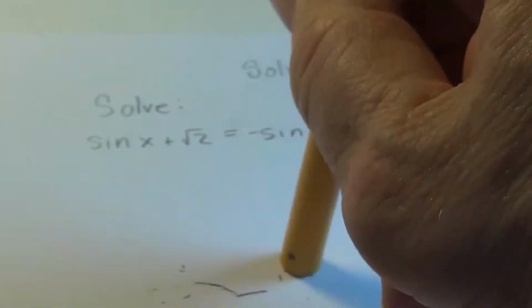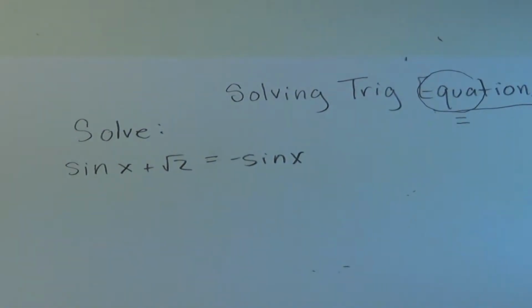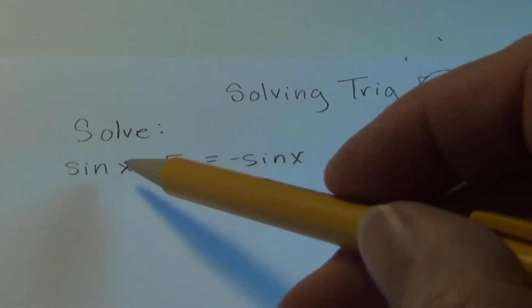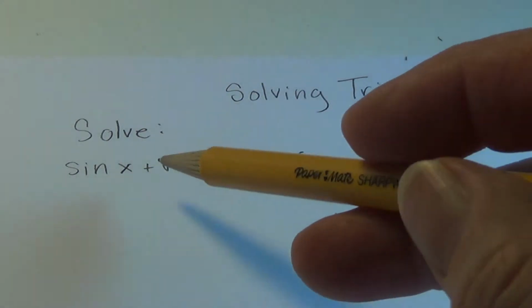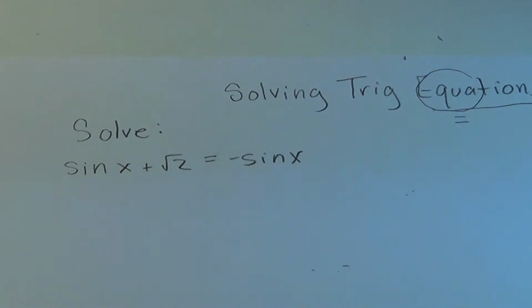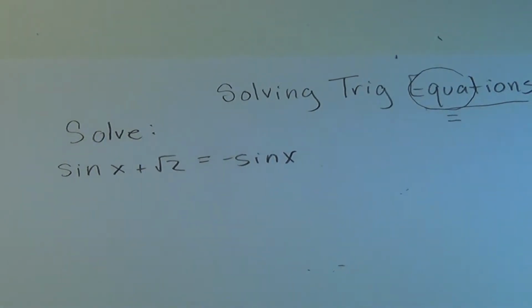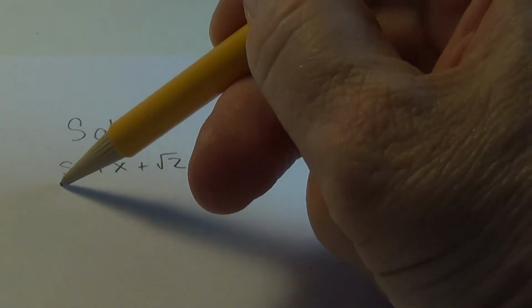So I'm not sure where that's going to end, but that will be the end of our story. On this one, sometimes there are restrictions on where we can look for our x, but on this one we'll say we want all values that make this equation true.